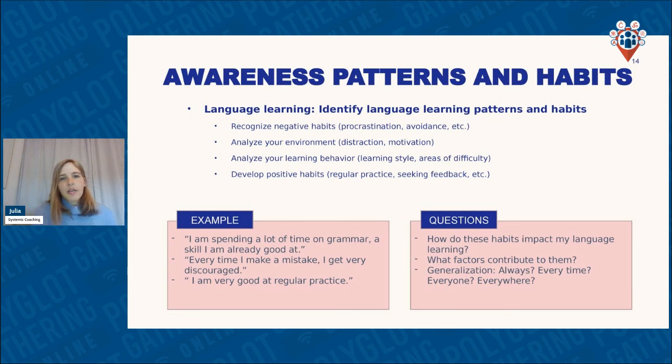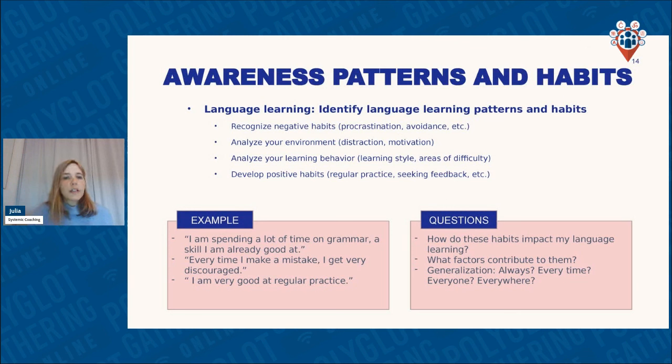So if I think about patterns and habits, that's not just about how you behave and how you act at work and so on. But it's also very important to identify your language learning habits, for example.